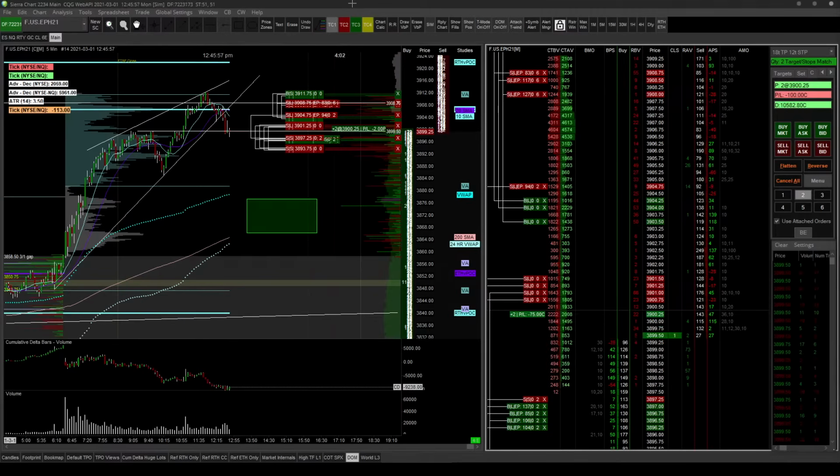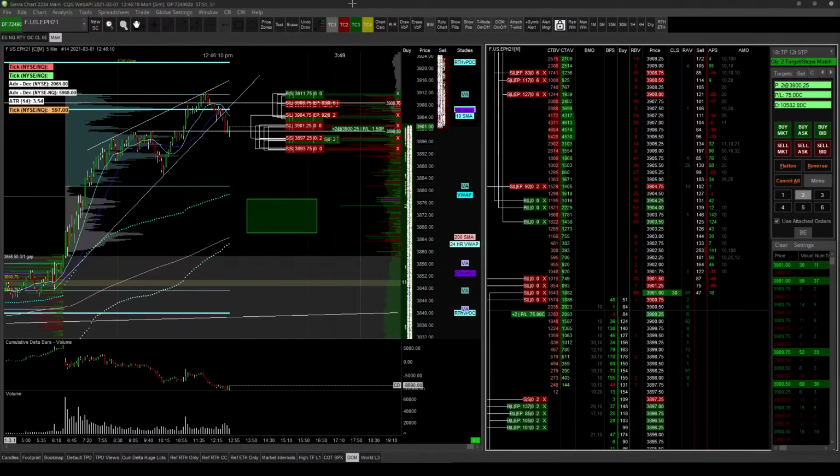So, FYI, if you're trying to move your service package and your data and all of that from AMP to Sierra Chart, I started my process, I don't know, 5 or 6 hours ago, at least 7 hours ago. Still not done.